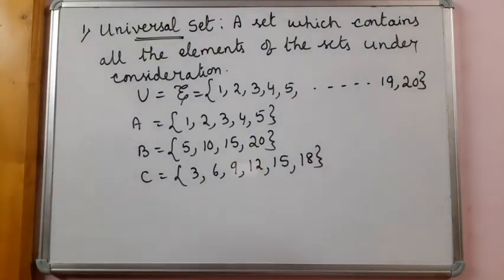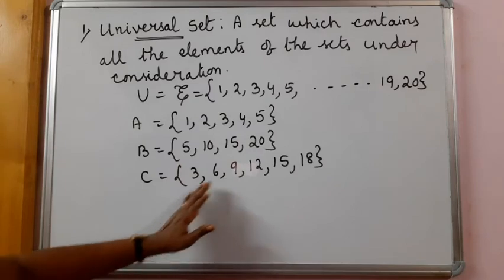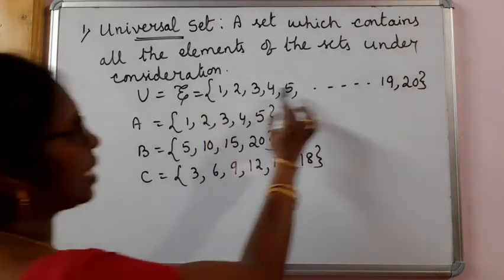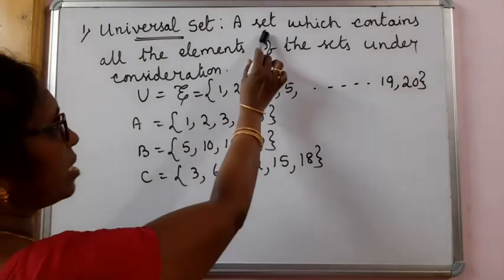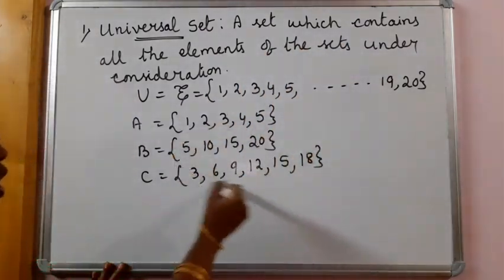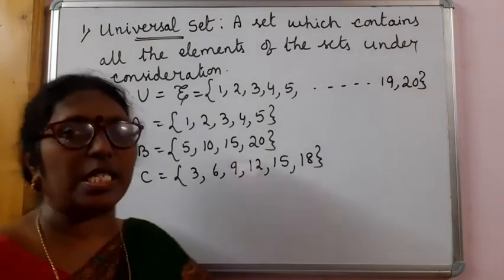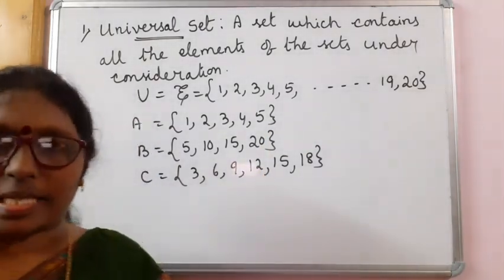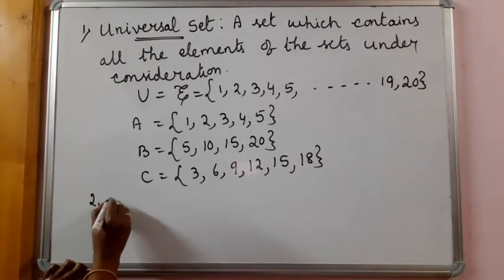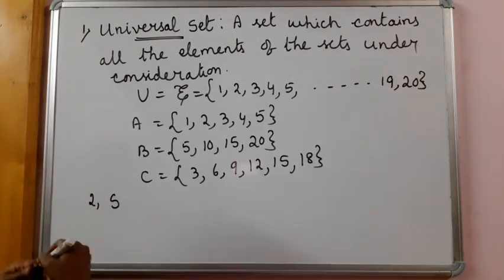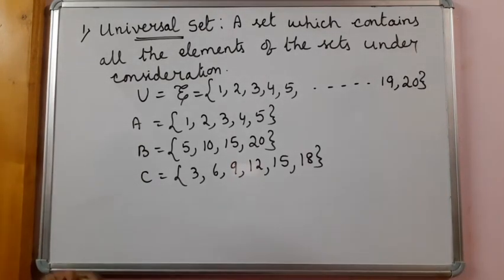We can see that all the elements of set A, set B, set C are present in this set. So a set which contains all the elements of the sets under consideration is called the universal set. Now let me explain what a subset is.